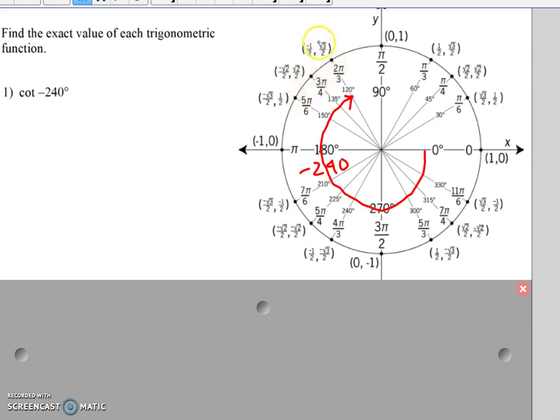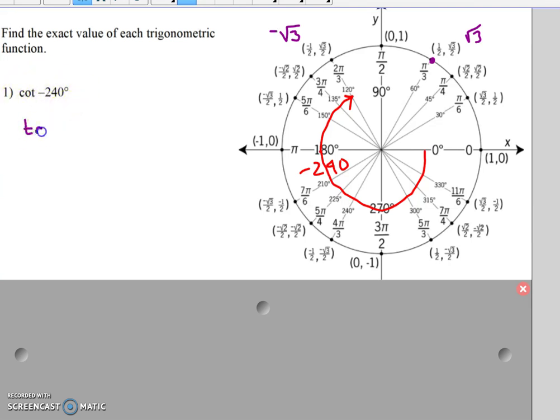All right, there we go. Let's put our tangent here. Remember our tangent for 60 degrees is square root of 3. But in this second quadrant, it's negative. So if that's usually our tangent, then we're going to do the reciprocal.